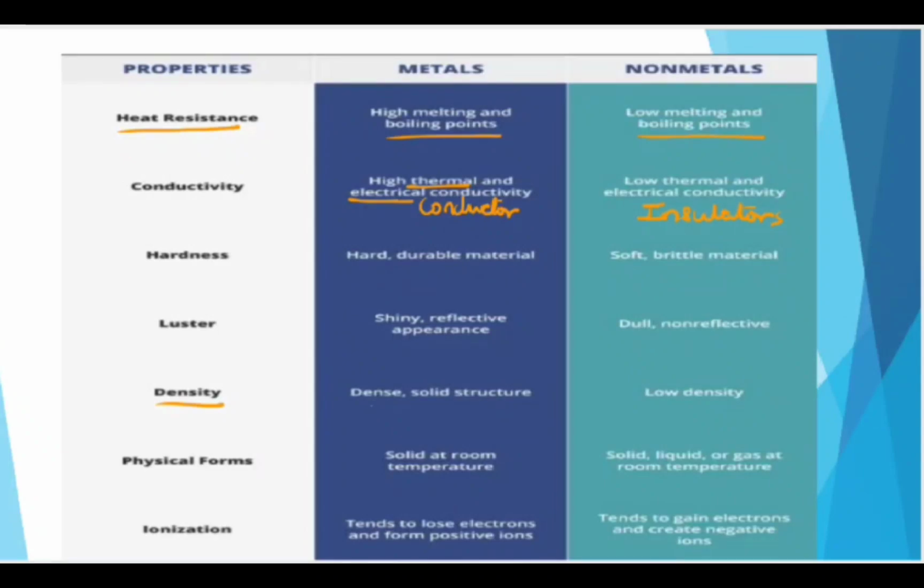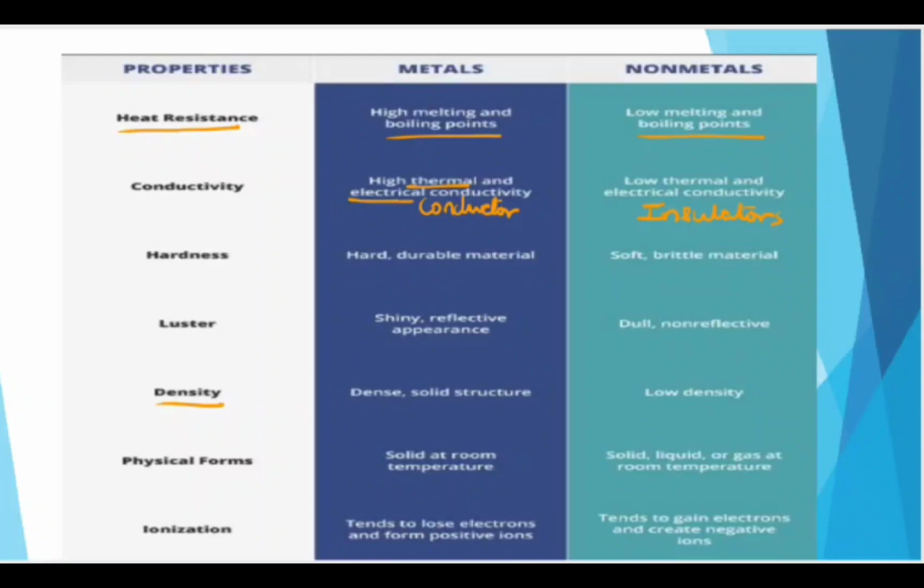What does density mean? Density means, children, the maximum number of particles that can fit in a unit area. More particles in a unit area means more dense, and it's a proper solid, hard structure.